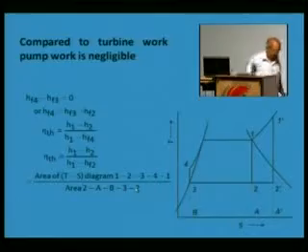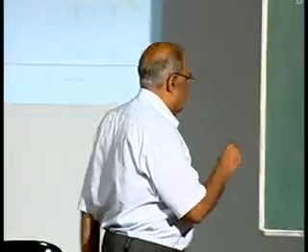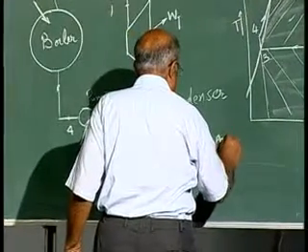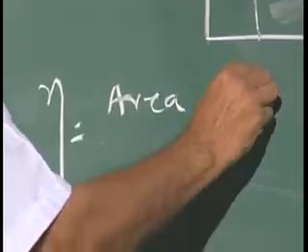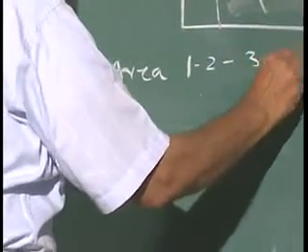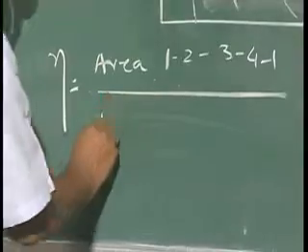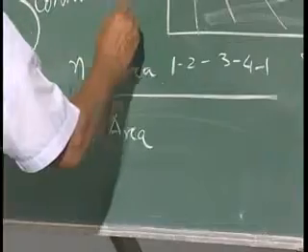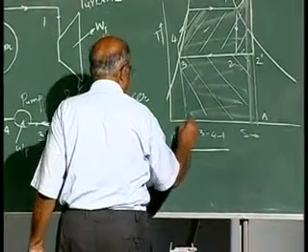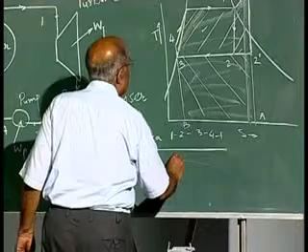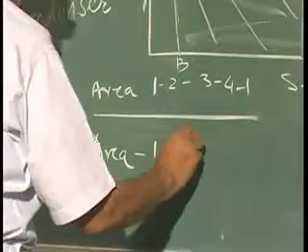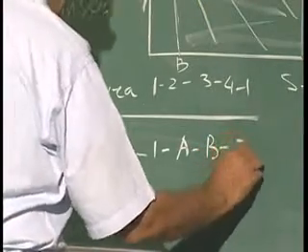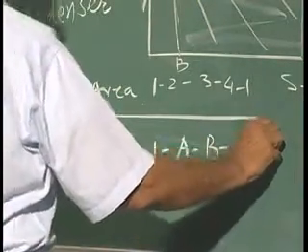It should be some typographical error, and the efficiency has to be written as area 1 2 3 4 1 divided by area 1 A B 3 1.